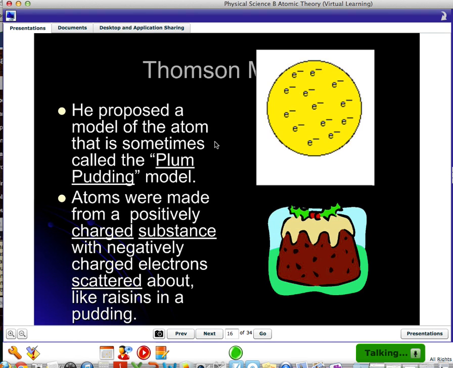His theory is called the plum pudding model because it's a big round positive ball with the electrons sticking on top of it, much like plum pudding, a very popular dish at the time, which is like pudding with raisins scattered about.